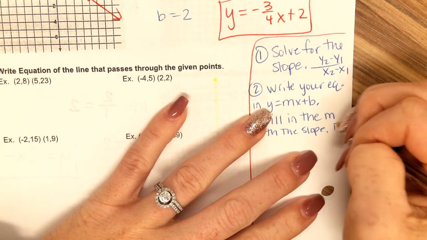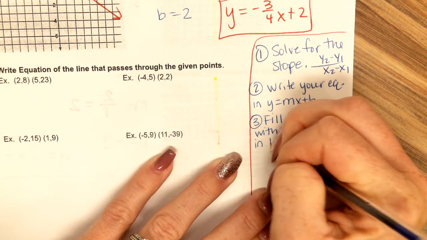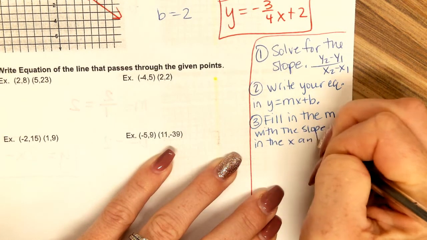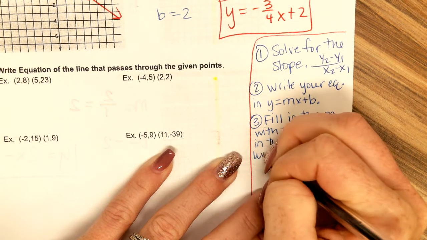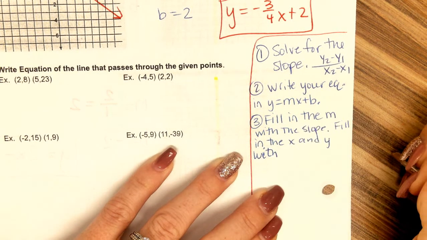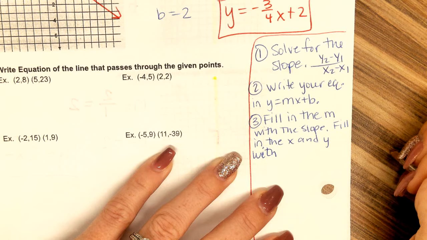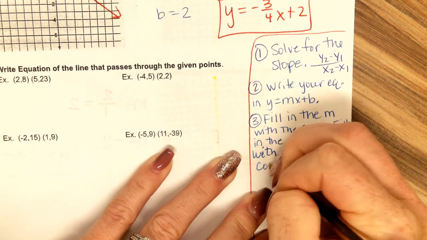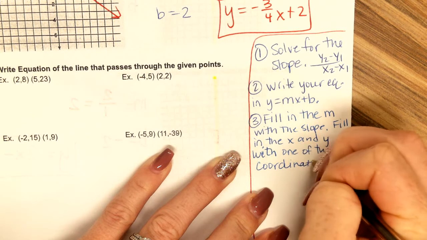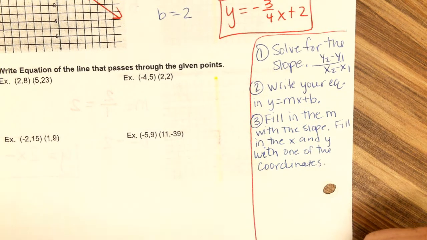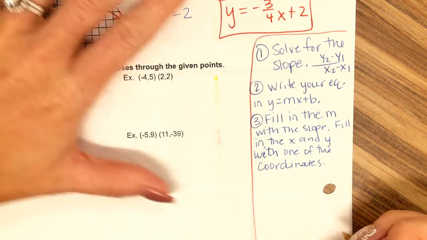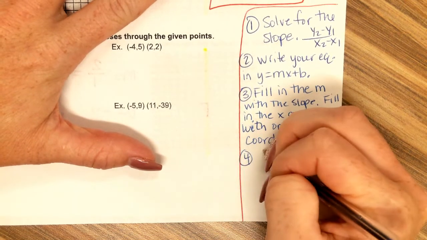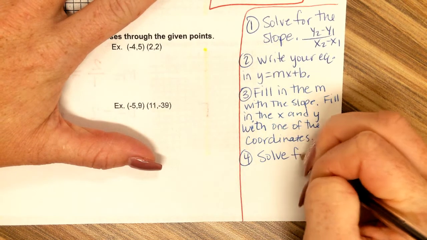You're going to fill in the x and y with one of the coordinates. Step 4, you're going to solve for b, the y-intercept.